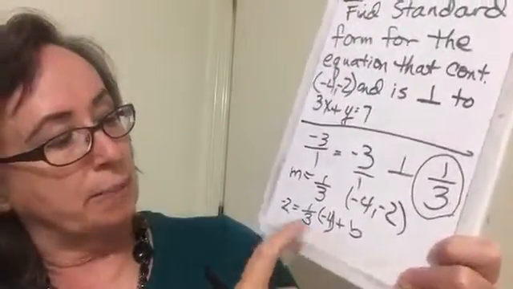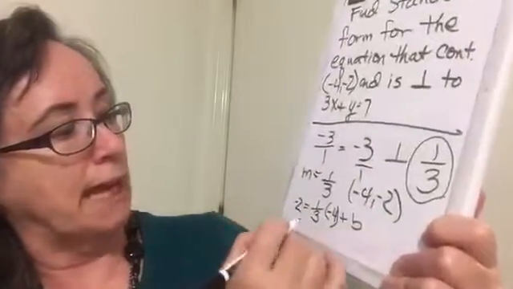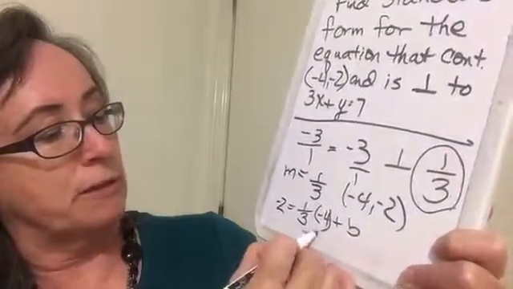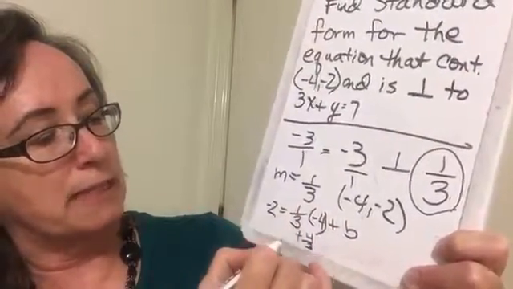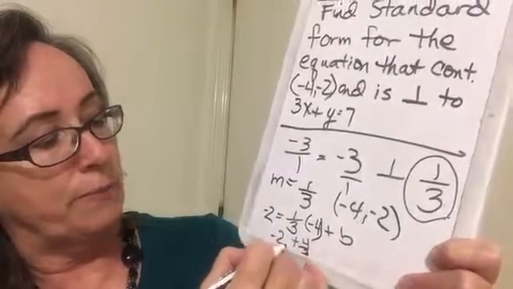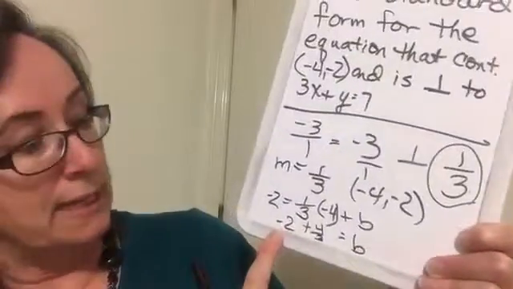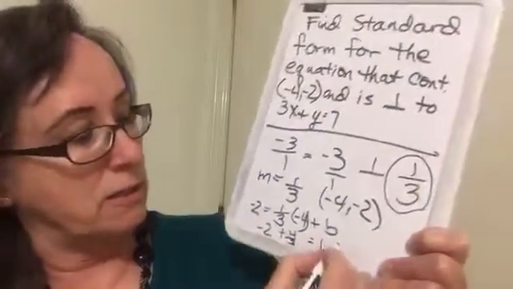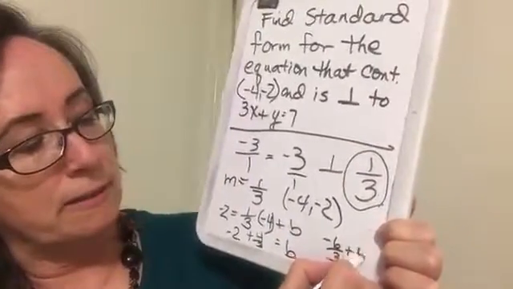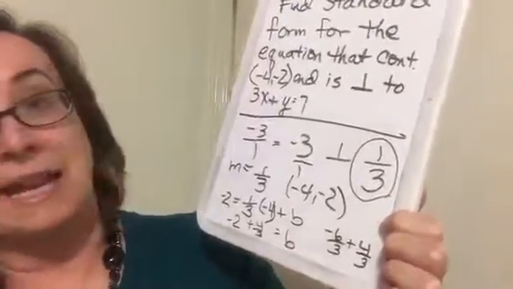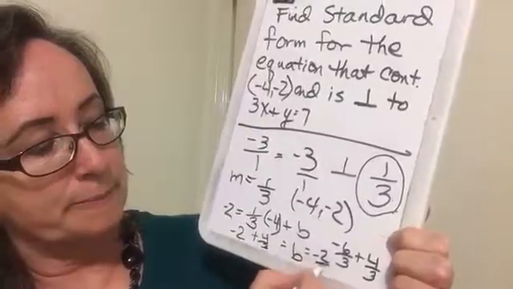So we're going to wind up having to get this b over here. So we'll say this is going to be -4/3. When I move it to the other side, it becomes a +4/3, and a -2 is b. So -2 is -6/3. So I have a -6/3 plus a 4/3 is a -2/3, which is my b. So my b right here is a -2/3.